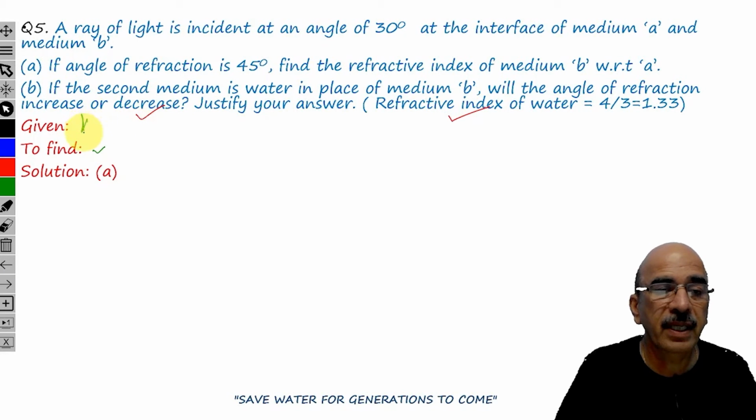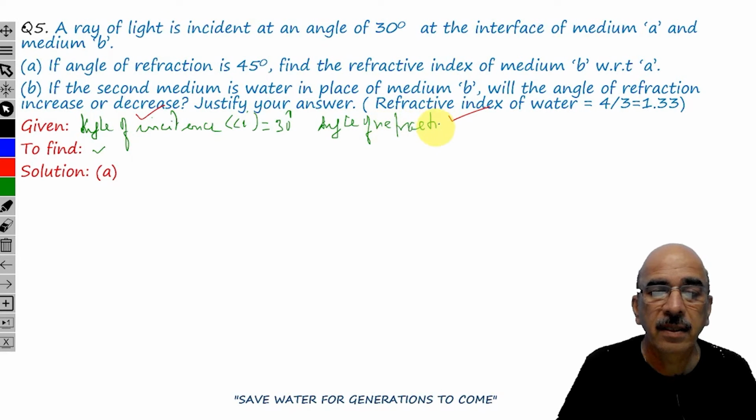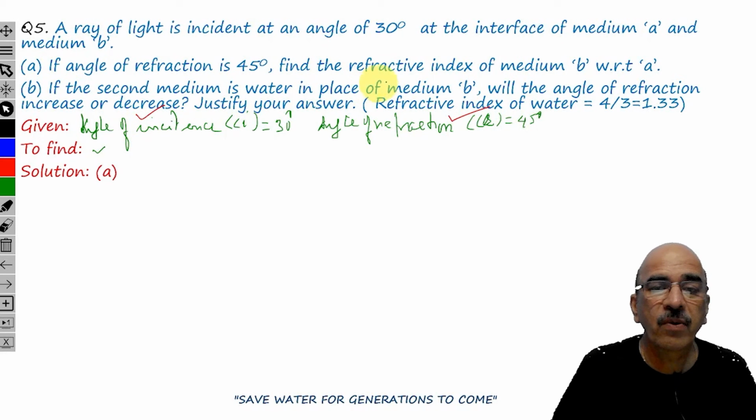We shall write down here angle of incidence I is equal to 30 degree, and angle of refraction is also given. Angle R is given as 45 degree. So we need to find the refractive index of medium B with respect to medium A.